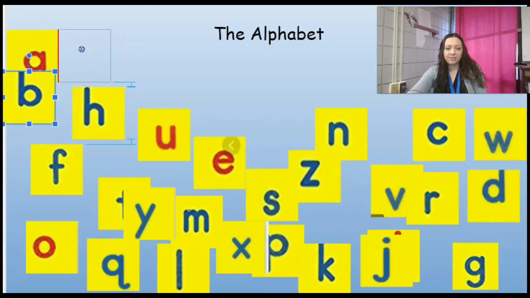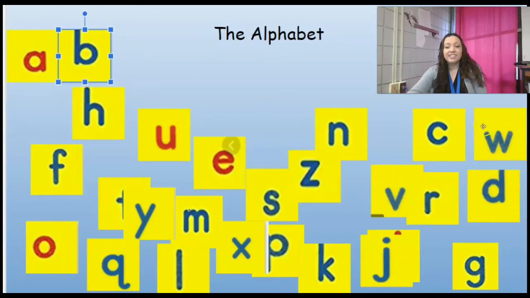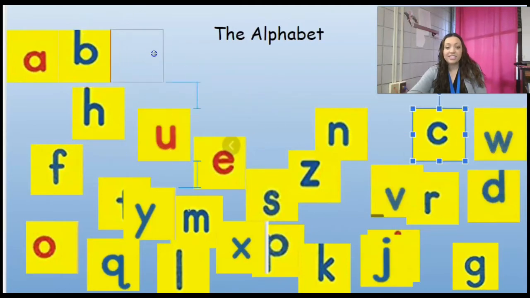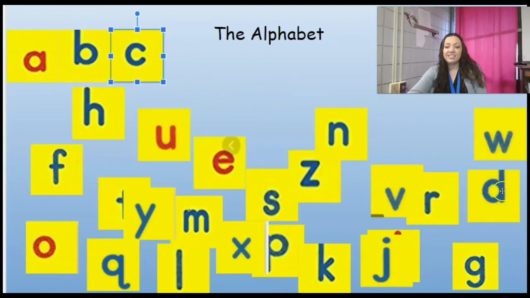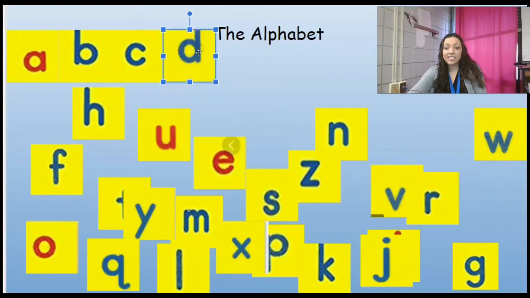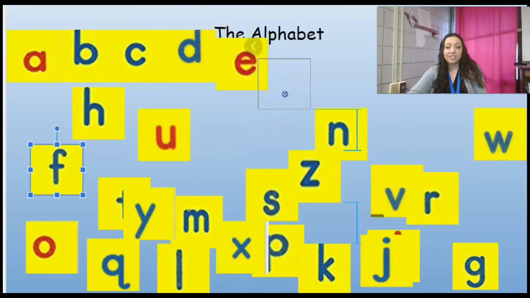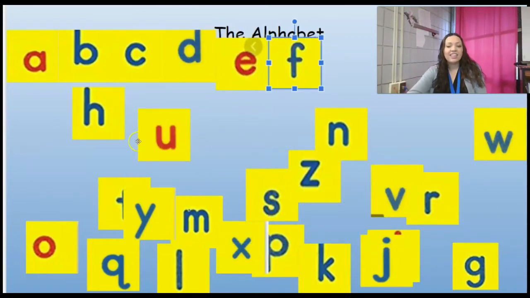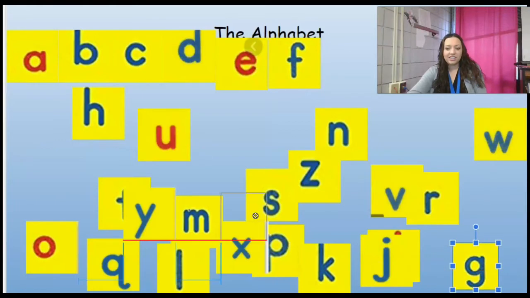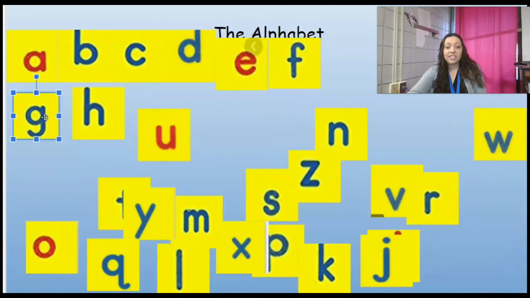B, very good. After B, C, good job. After C, D, perfect. After D, E, very good. Then F, good job. After F, G, good job. All right, after G, H, perfect.